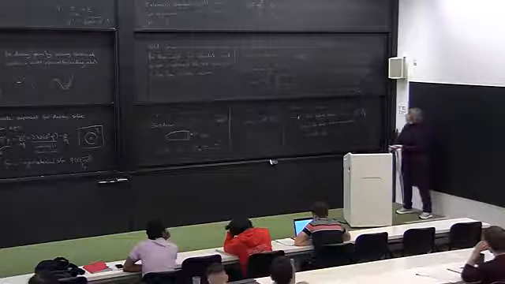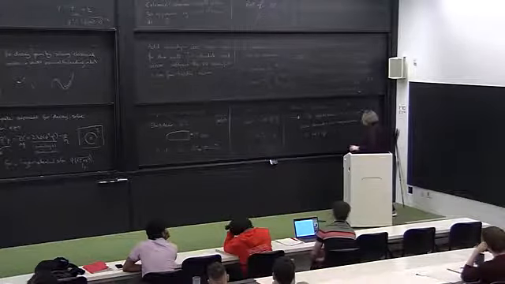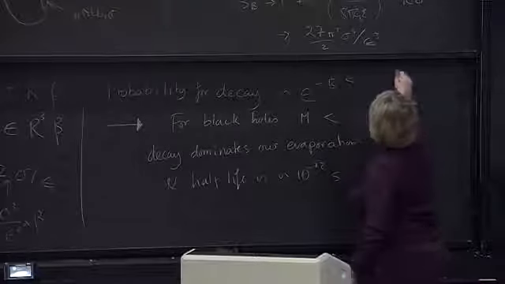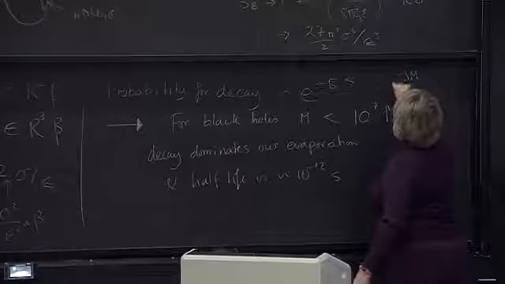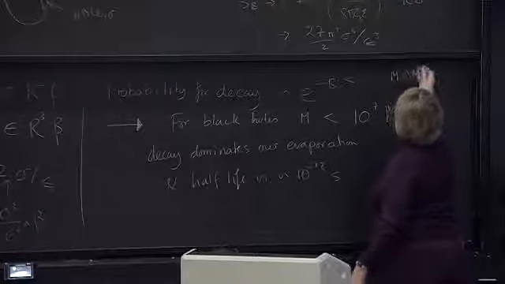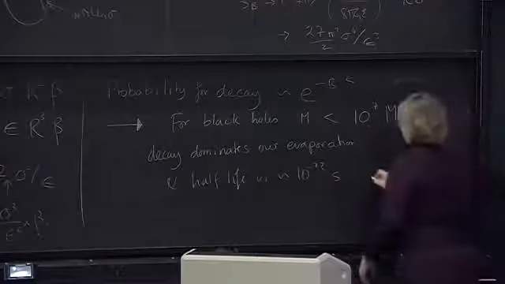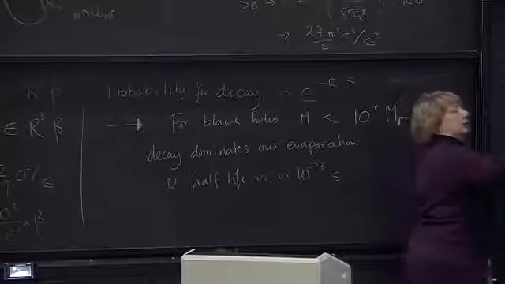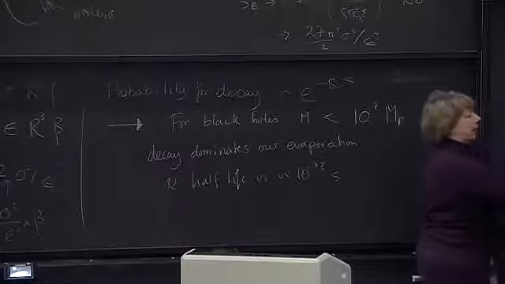But the action for this B here approximately has the form of a remnant and a seed. We have a seed mass, a seed black hole, that's the seed to cause the decay. We have a remnant.